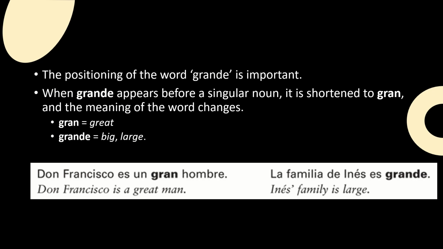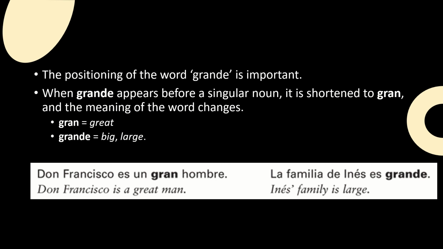The word grande can be used before or after the noun, but depending on if we use it before or after, is actually going to make some changes to what that word means. So we know that grande is going to mean big or large. If we were to decide to put this in front of the noun, so say you were trying to say big house, for instance, and you tried to put grande in front of house, casa, then one, it would need to be shortened to gran, but then you're changing the meaning of that word.